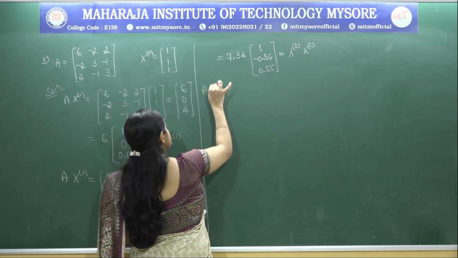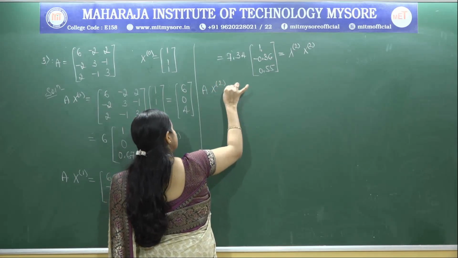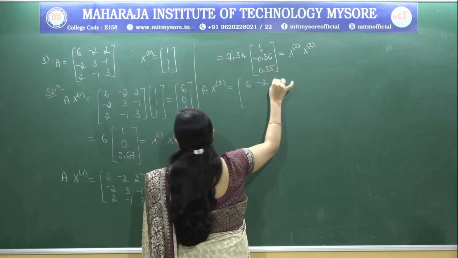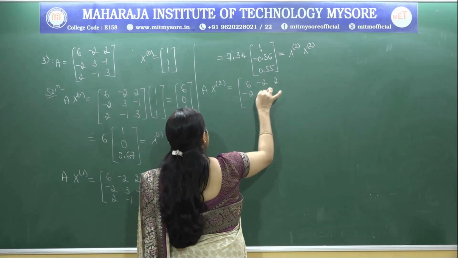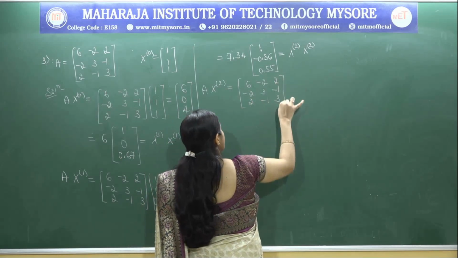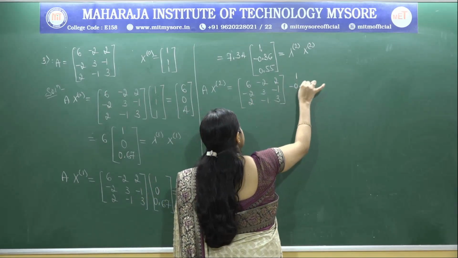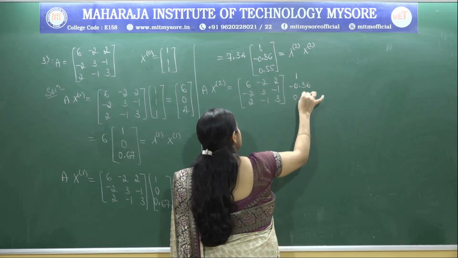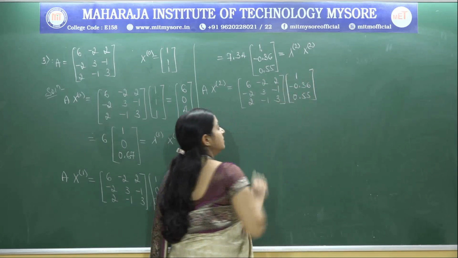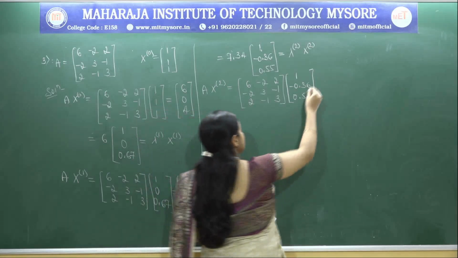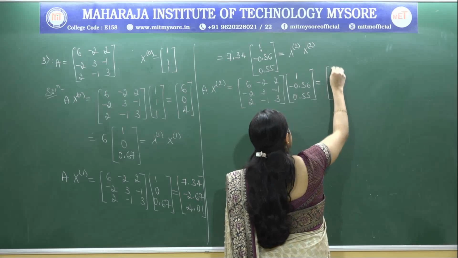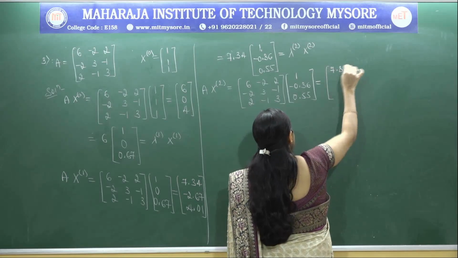Next, again write the matrix multiplication A with x of second iteration. So it is 6 minus 2 and 2, minus 2, 3 and minus 1, 2 minus 1 and 3, with 1, minus 0.36, 0.55. Take the matrix multiplication. So we will get the first entry, it is 7.82.